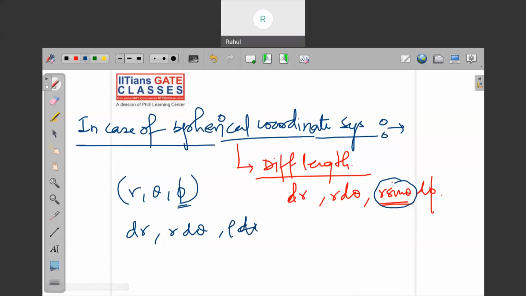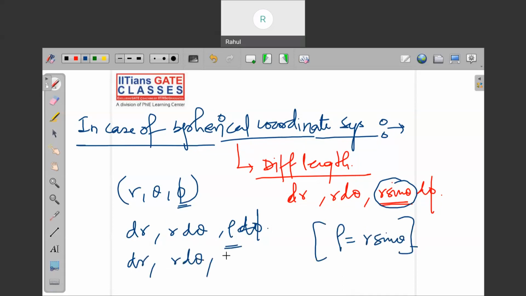But this rho parameter belongs to the cylindrical coordinate system, so you need to convert this rho as well. As we have seen yesterday, rho is equal to r sine theta. That's why we plug it here. So this will become dr, r d theta, and r sine theta d phi. This is how we have to keep the gradient formulas.